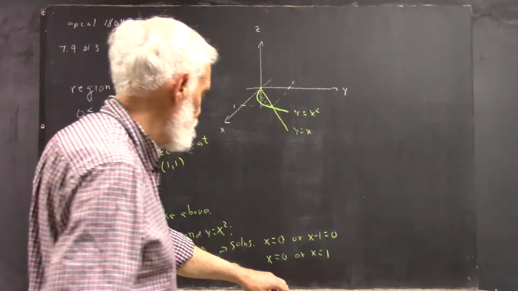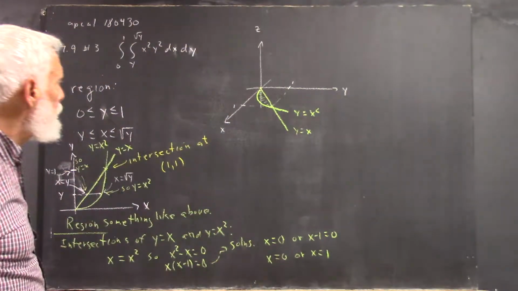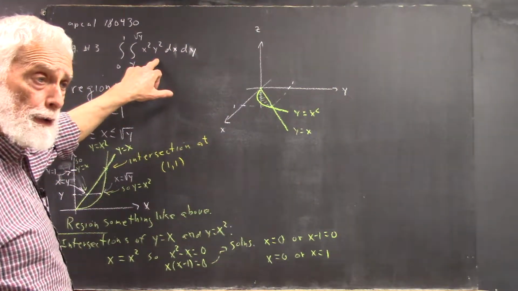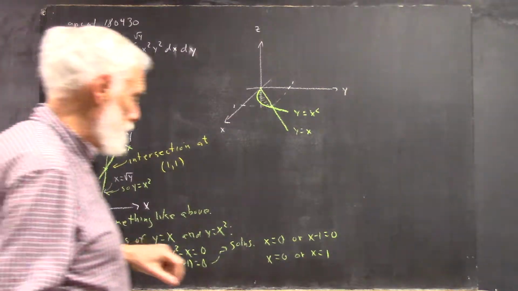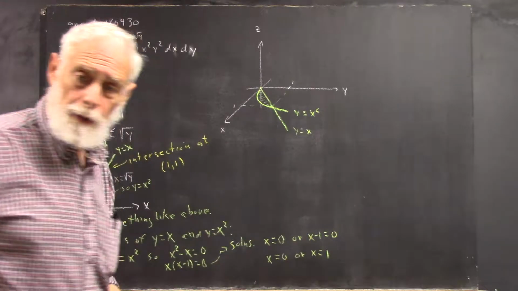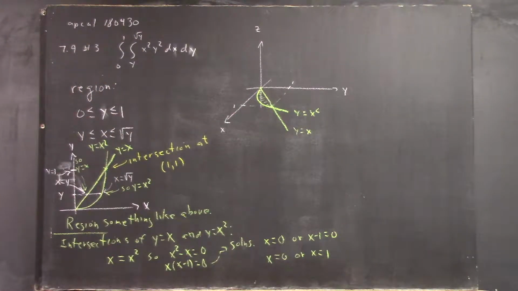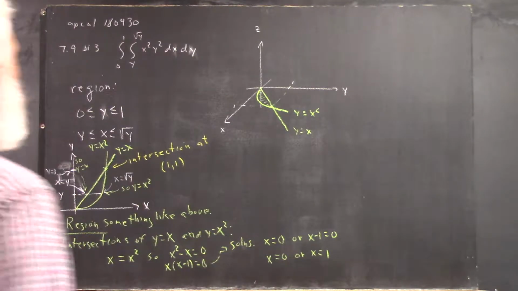Well, what we're integrating is x squared times y squared. And this is consistent with what we've seen previously, and let me get a good color to do this in. Orange or purple? I'll go with purple. Okay.